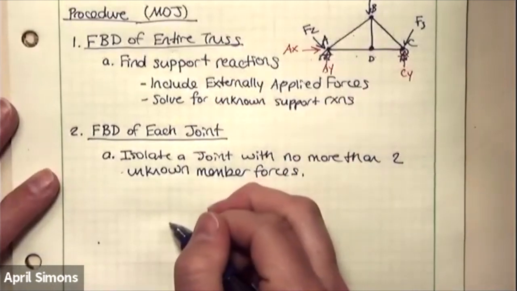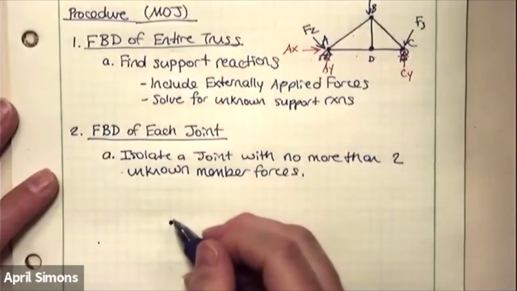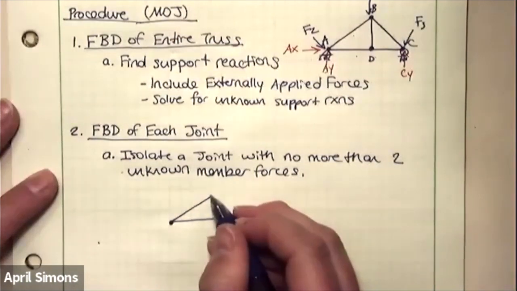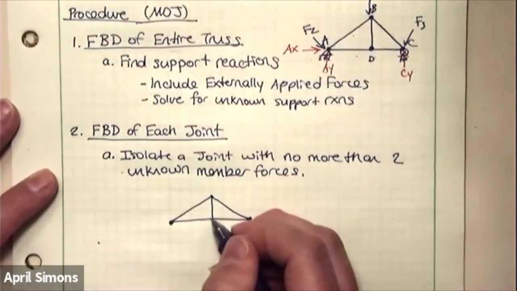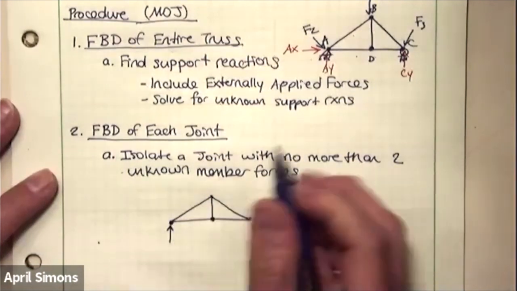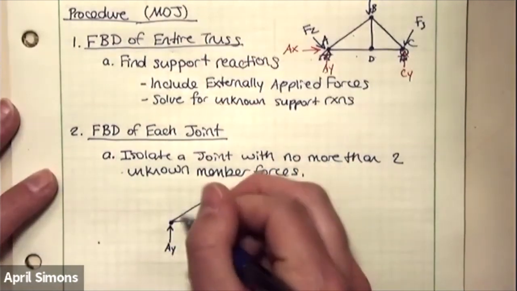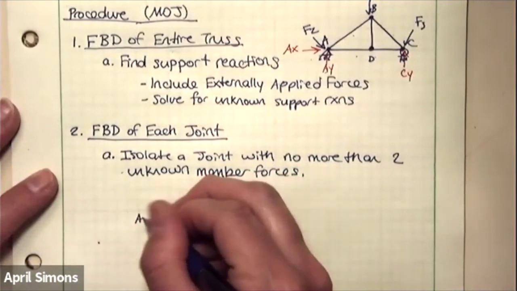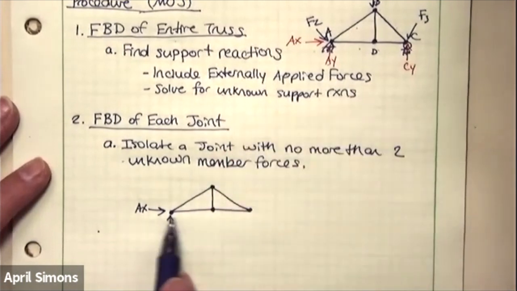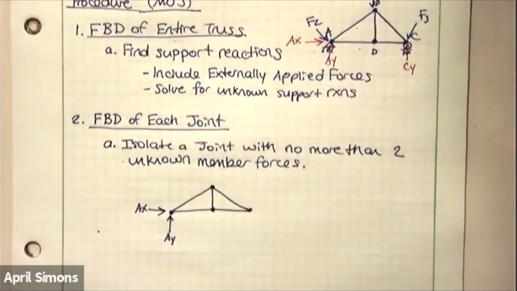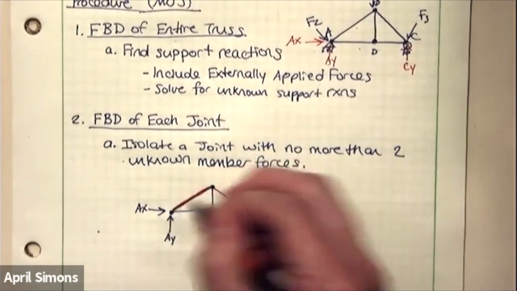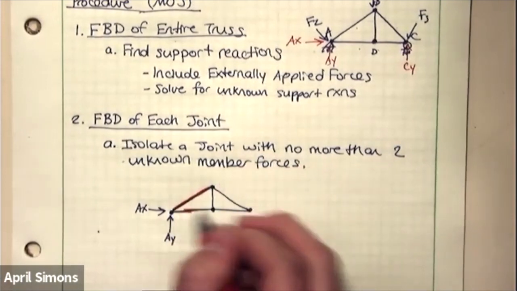If we had a truss, again, just a simple truss, and let's say we had a Y reaction here, call this point A, AY, and AX. As long as there are no forces applied at this point, then our unknown member forces would be this member and this member.